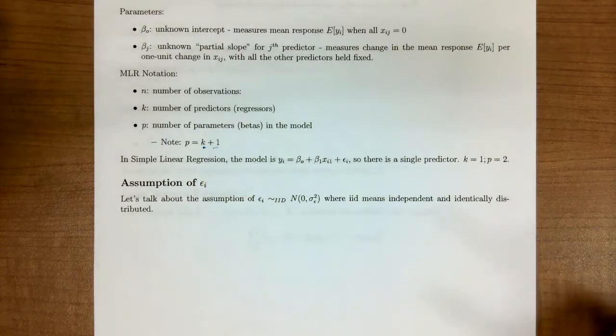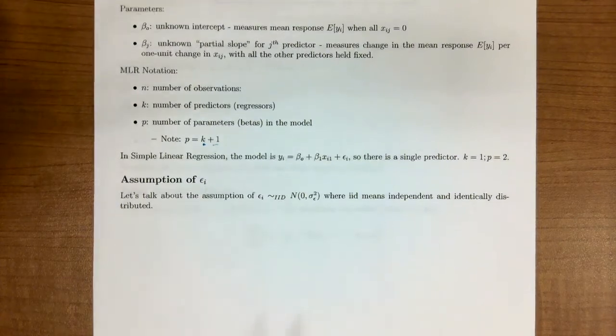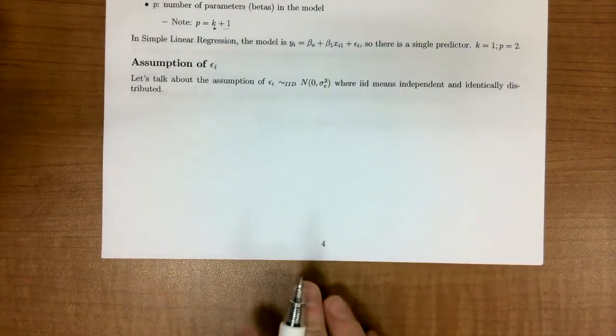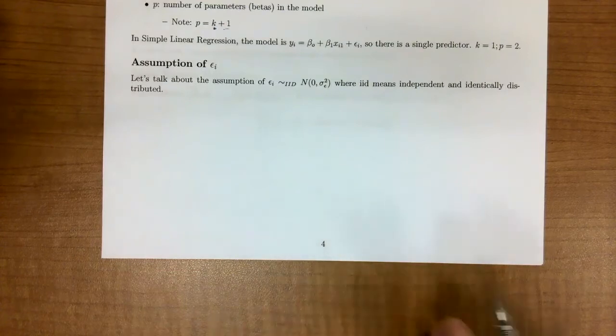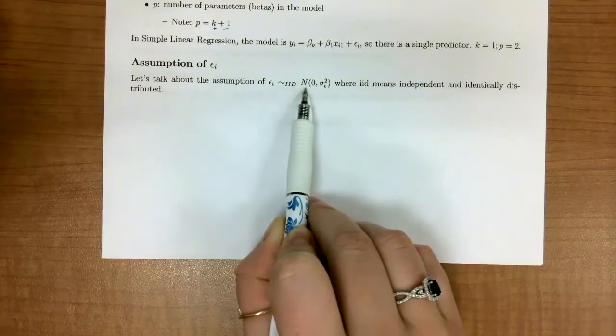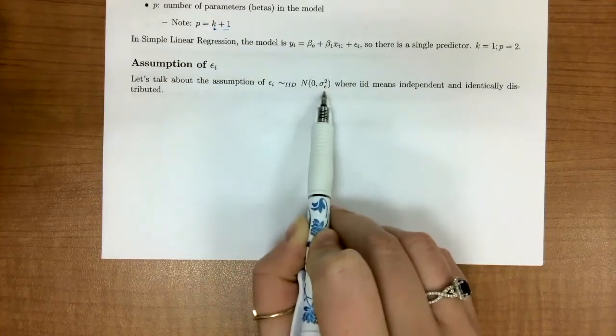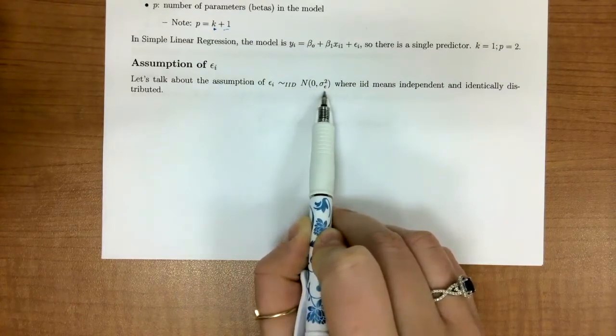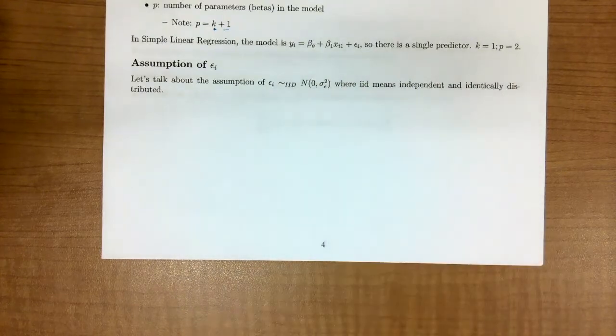All right. Now, before moving into the multiple linear regression inference, I want to talk about our assumption on our epsilons, which we say follows an IID normal 0, sigma squared epsilon. So this assumption is going to play a lot into our multiple linear regression model.